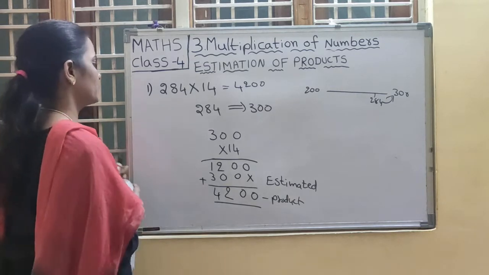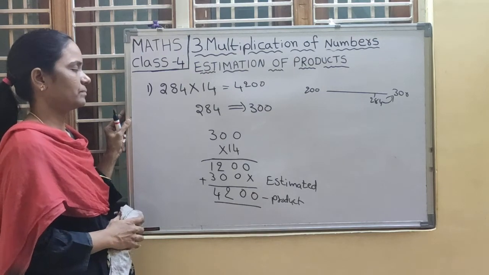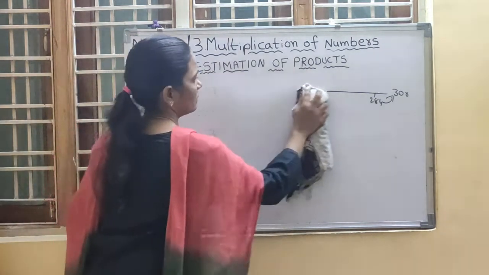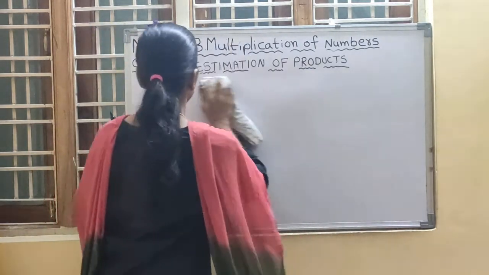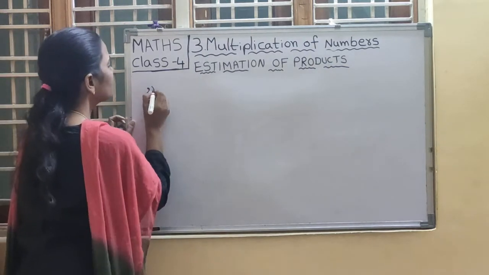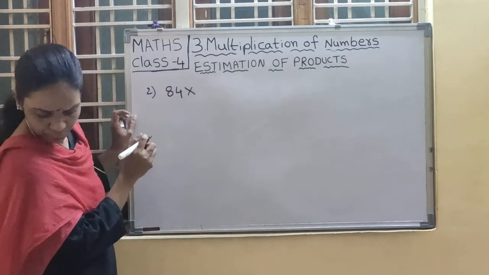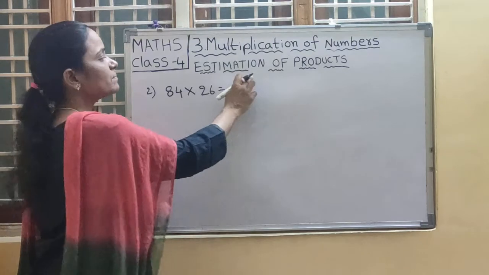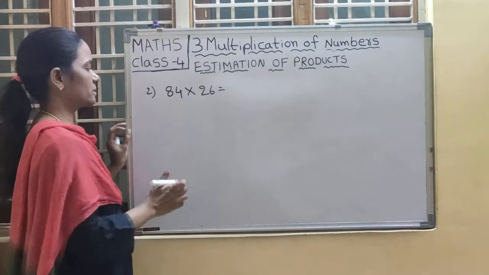Now I will take another example. Second one, 84 into 26. I am going to find the estimated product of these two numbers.